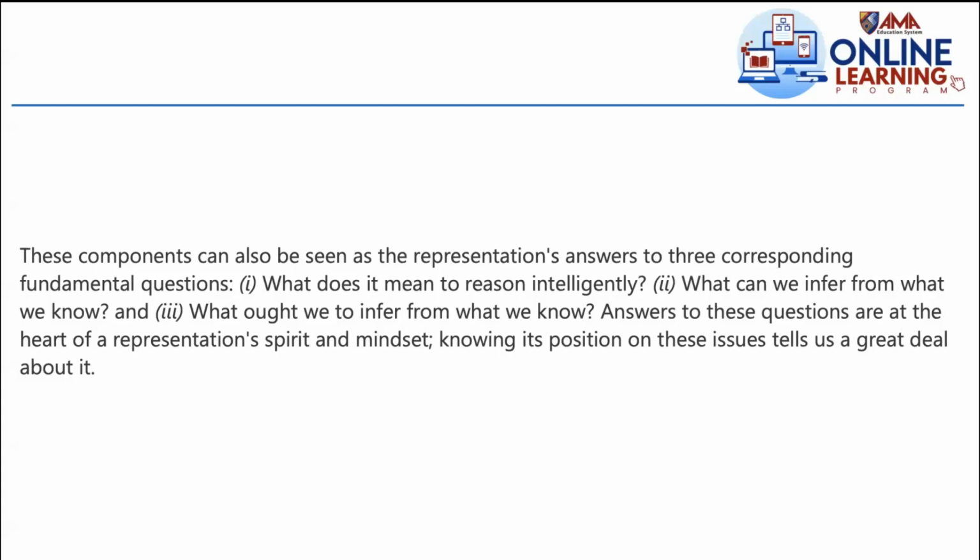So we'll be the ones to decide how our machine, or the AI program that we're developing, will conceive intelligent reasoning. The knowledge representation is taken care of, right? We already decided that. And then this one should be decided as well. What can we infer from what we know, meaning the sanctioned inferences? And what ought we to infer from what we know, the recommended inferences.